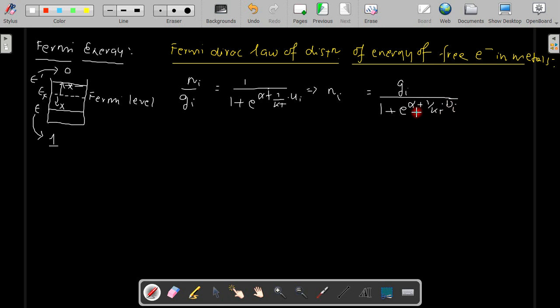So this is my statement here, but now we are saying we are going to find out the distribution of energy of free electrons. That means we are not concerned about the number of particles, but we are considering now the energy, and we know that the number of particles is actually directly an energy dependent factor, so we can write it down as a function of U, energy, and then I can multiply it with U, because if I want to find out the total energy, I know N1 particle will have U1 energy, N2 particle will have U2 energy, and so on.